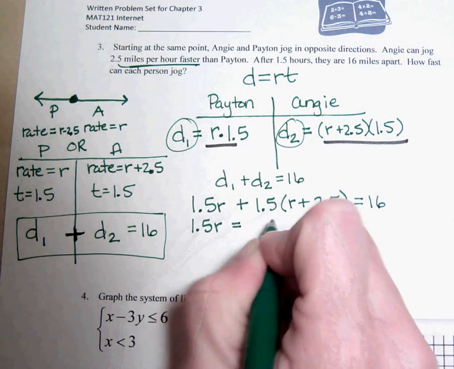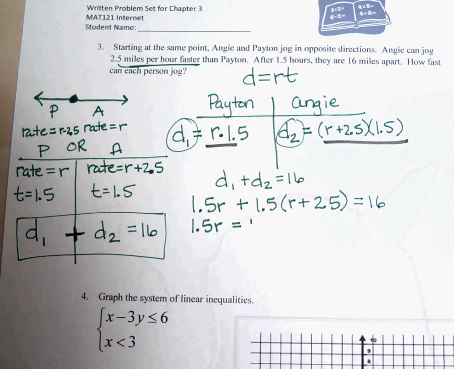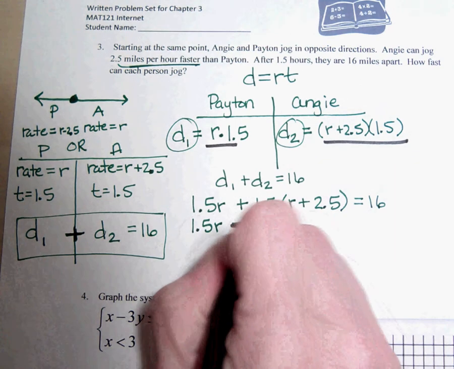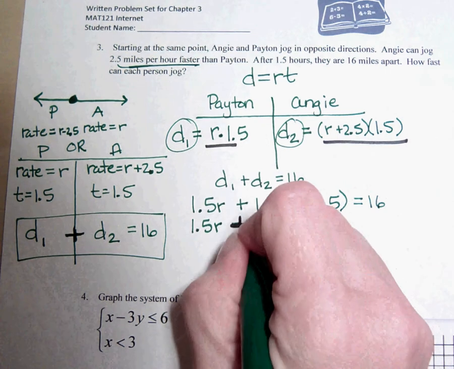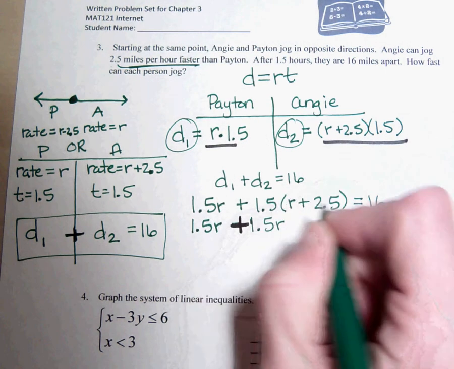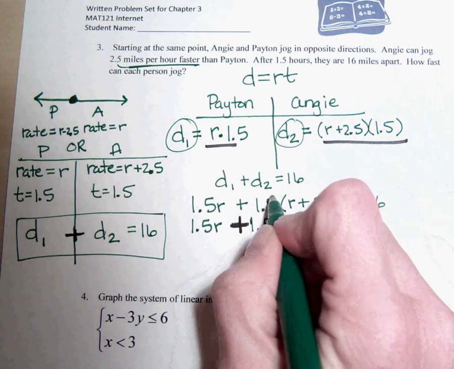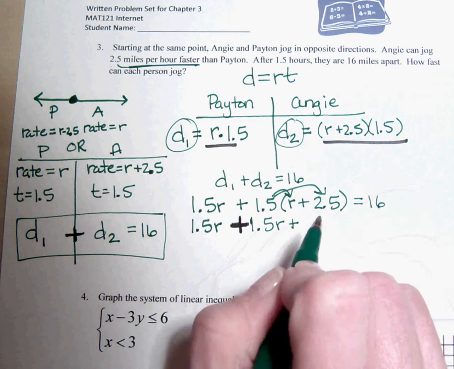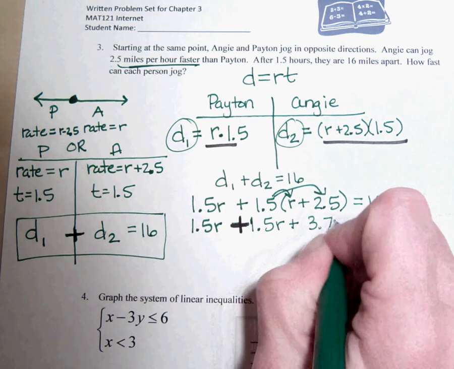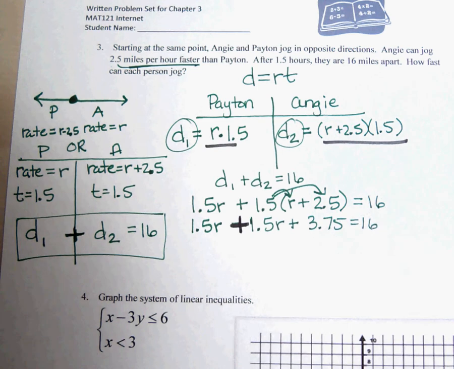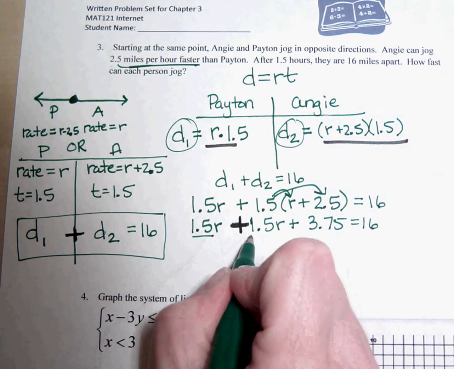Now I'm going to distribute. It should be 1.5r plus 1.5r plus, now I'm going to distribute that 1.5, and then times the 2.5 is going to give me 3.75, equals 16. Combine like terms.